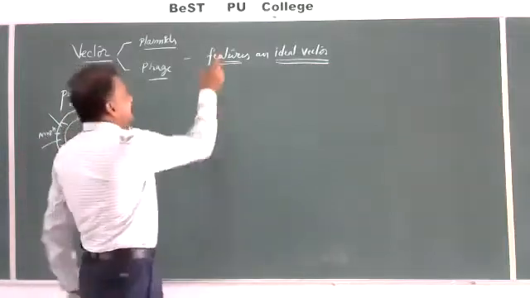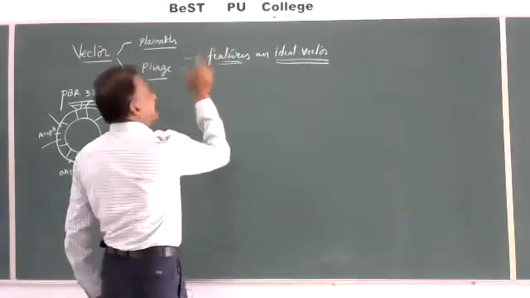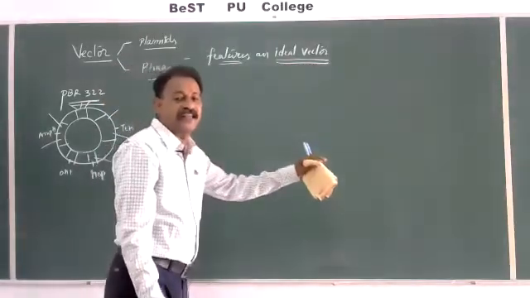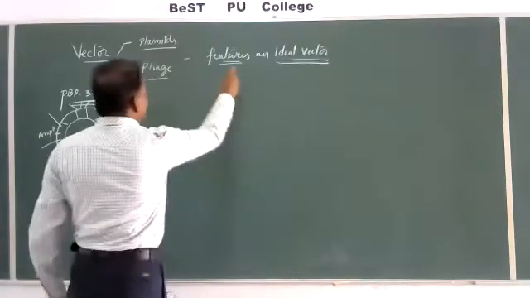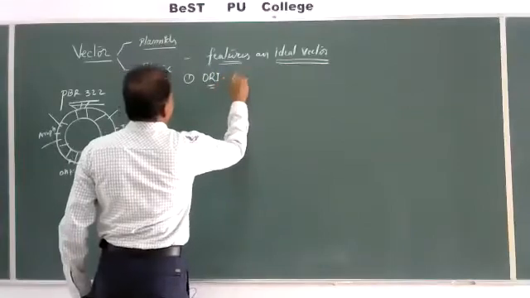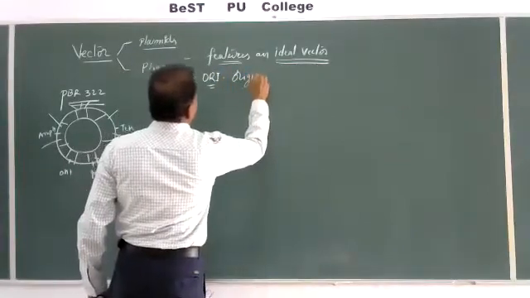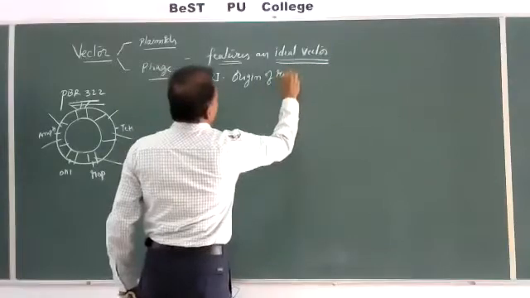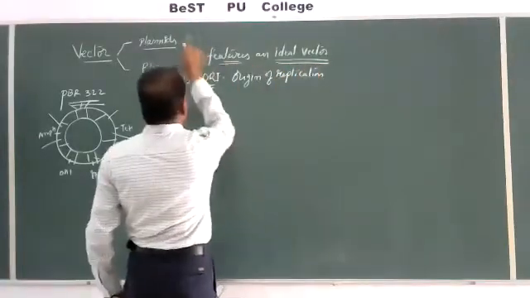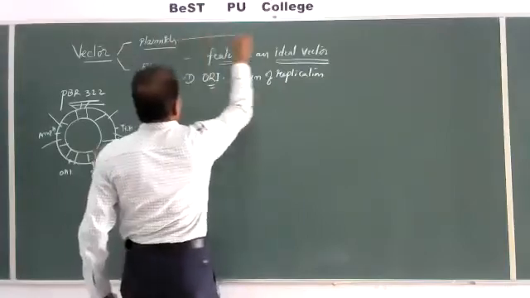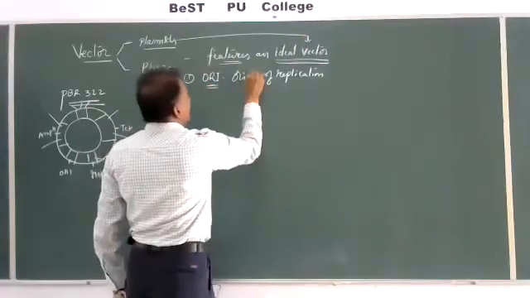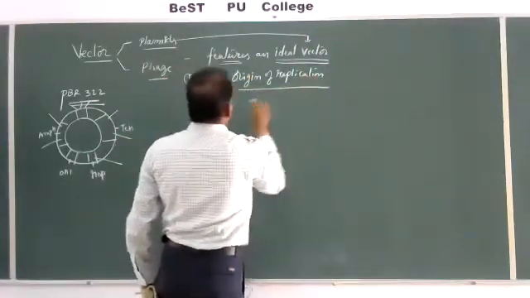Yesterday we started the features of a vector or a plasmid which has to be used in recombinant DNA or cloning process. It should have first the RE site. RE site means origin of replication. So a plasmid which is used as a vector should have an origin of replication.